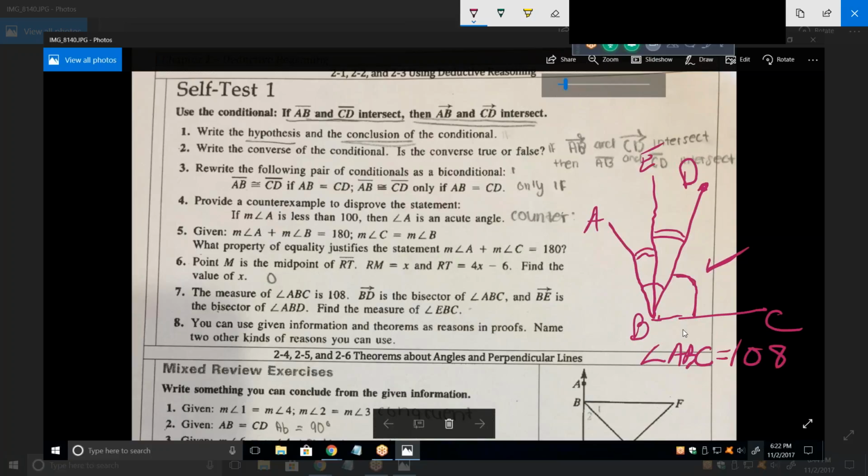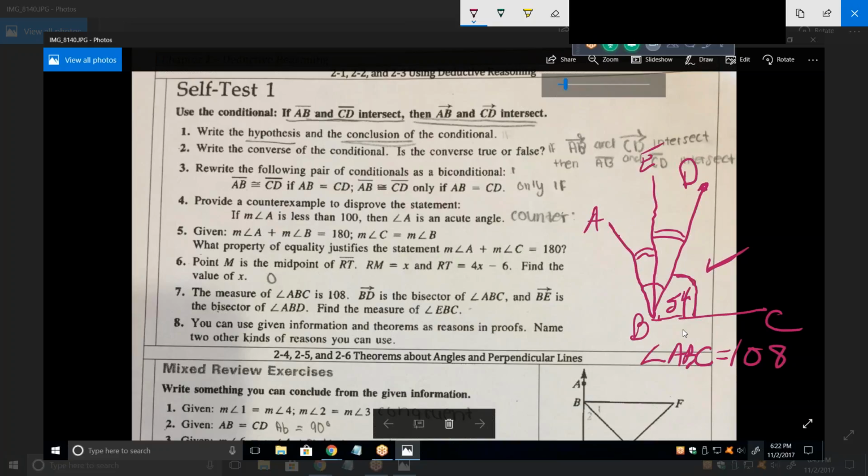And just here, let's label ABC is 108. Okay. So now tell me what DBC is. What is DBC? D as in David, B, C. If BD is a bisector of ABC, then what does DBC have to be? 54. Okay. And what does ABD have to be?